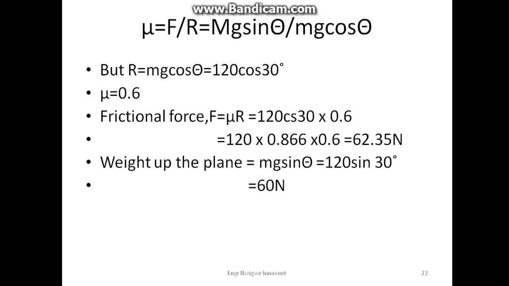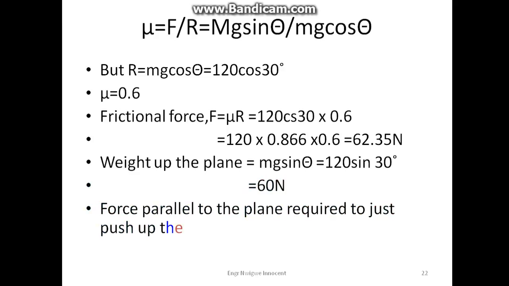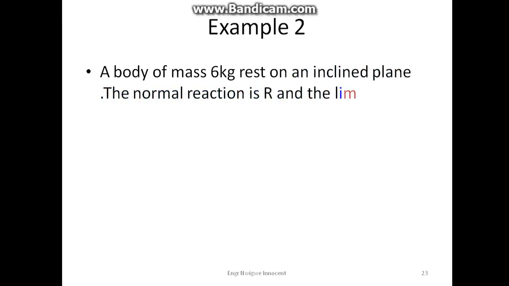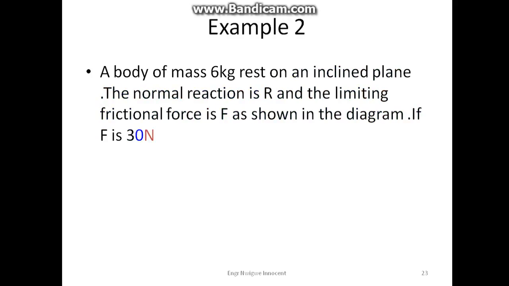The force parallel to the plane required to just push up the load is 62.352 plus 60, which gives us 122.352 Newton. Example 2. A body of mass 6 kg rests on an inclined plane.